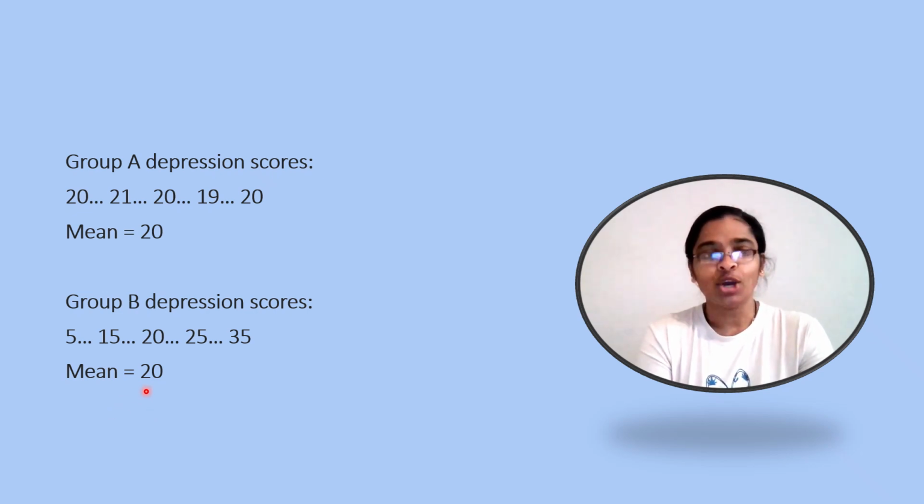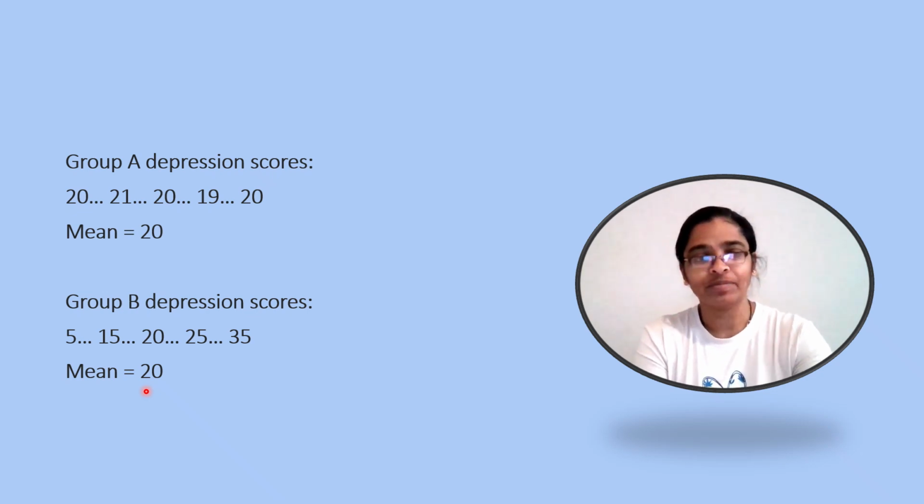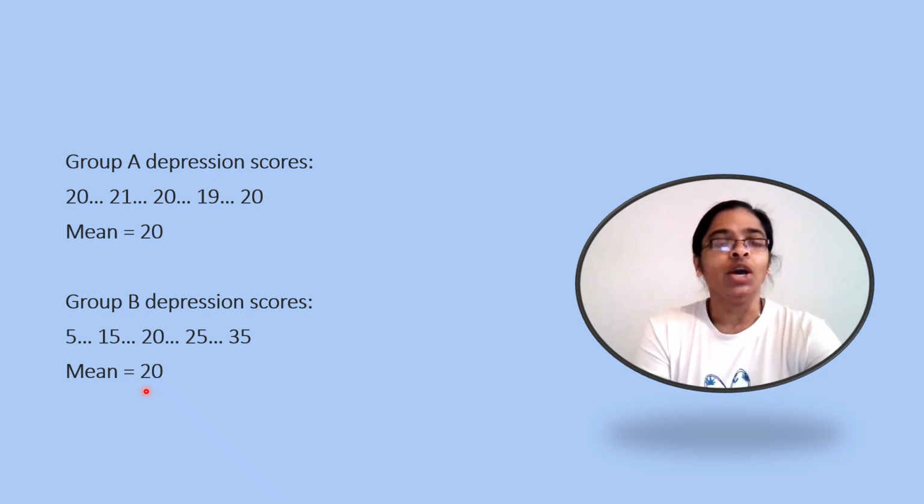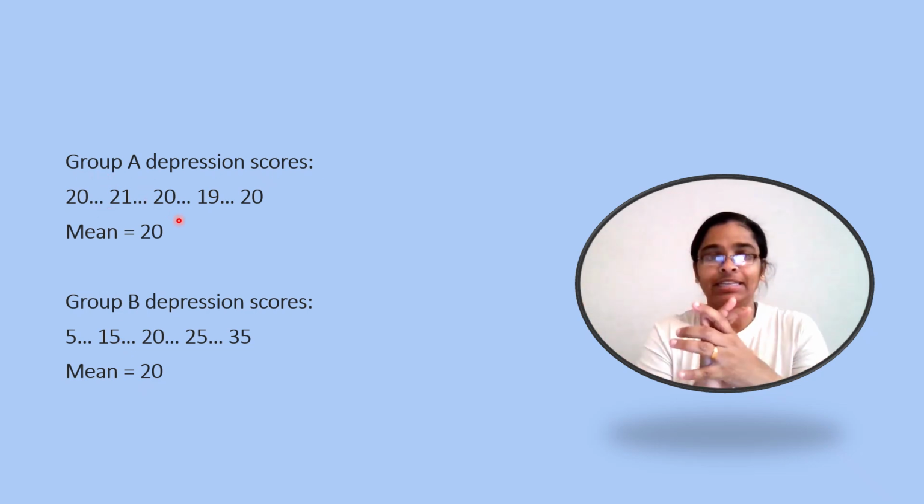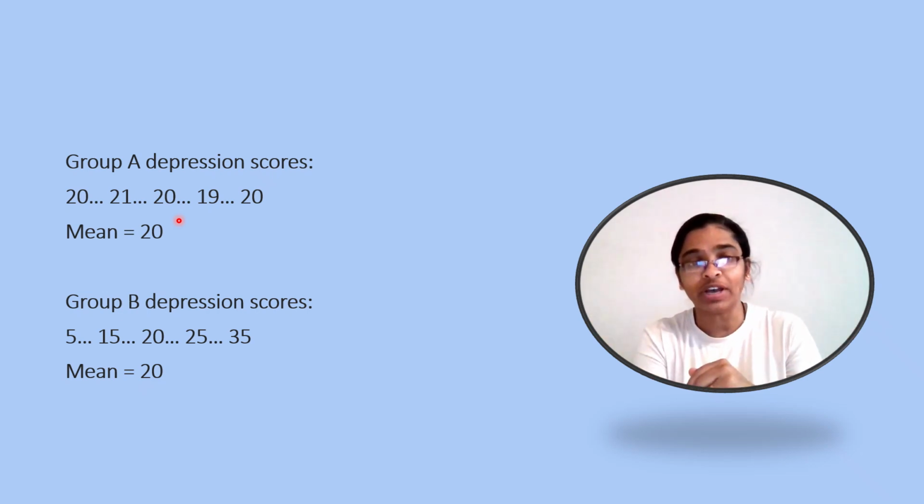Interesting, isn't it? Both groups have the same mean, but are they the same? No. What is the difference? Group A is tightly clustered and Group B is widely spread. It ranges from 5 to 35, isn't it?